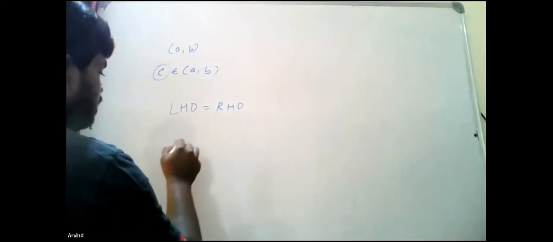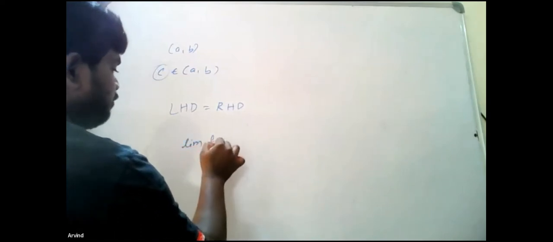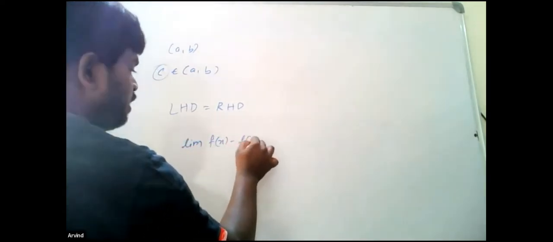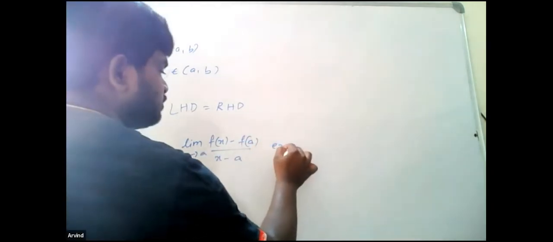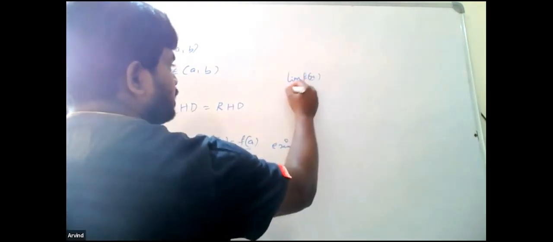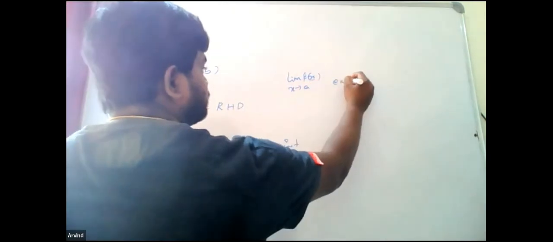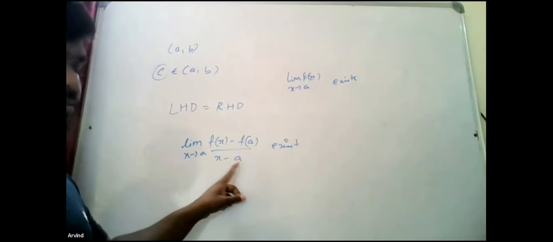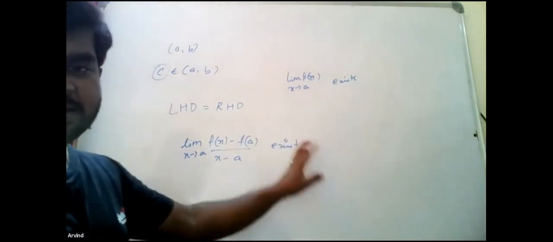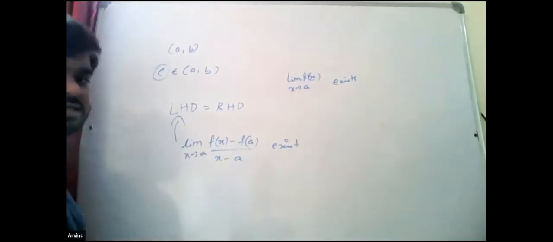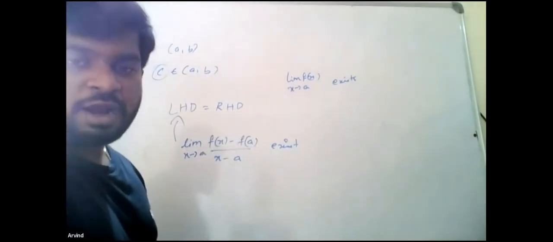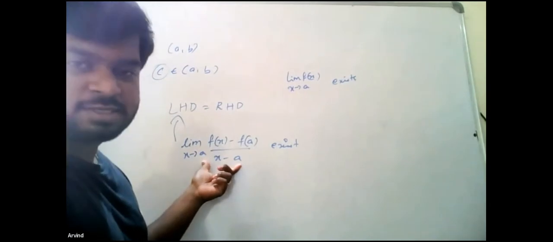That is, the limit of (f of x minus f of a) divided by (x minus a) as x tends to a should exist. For this to exist, the left hand derivative should be equal to the right hand derivative. Only then do we say this exists.